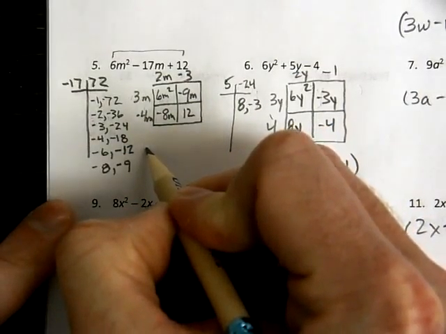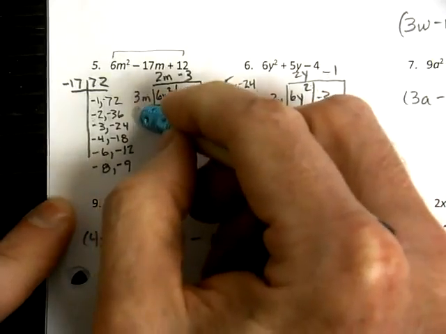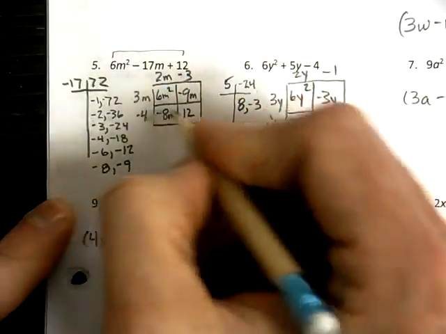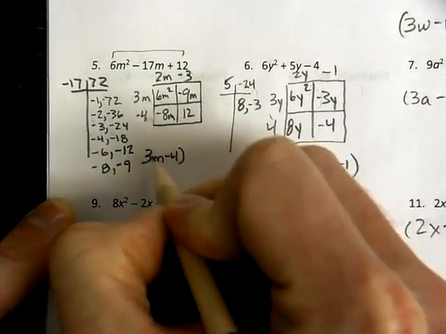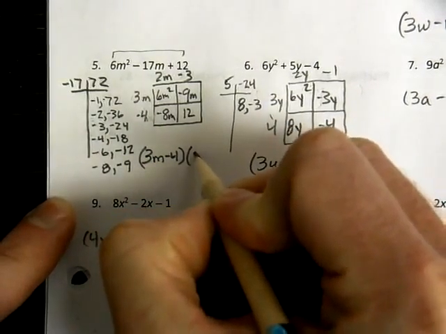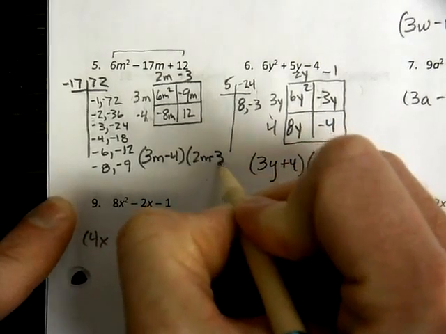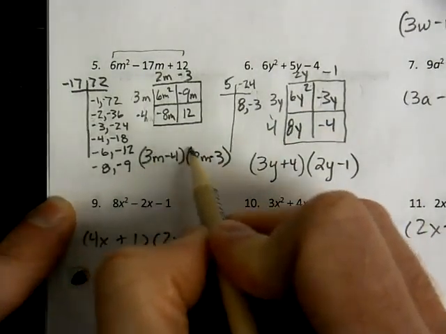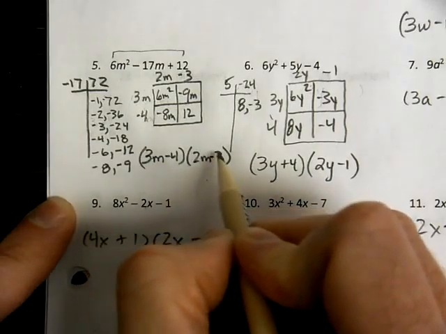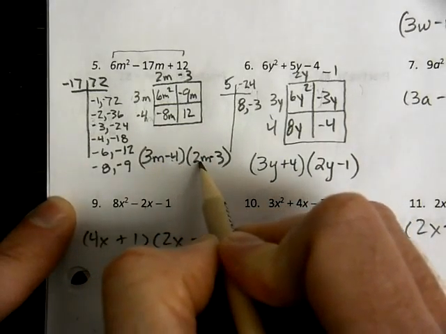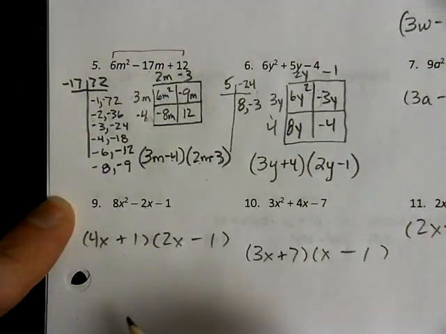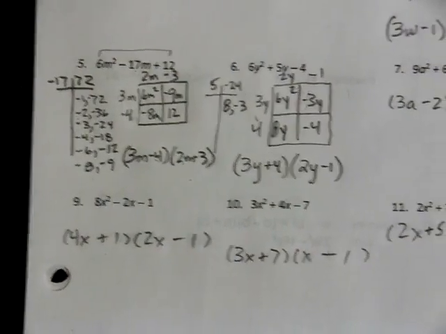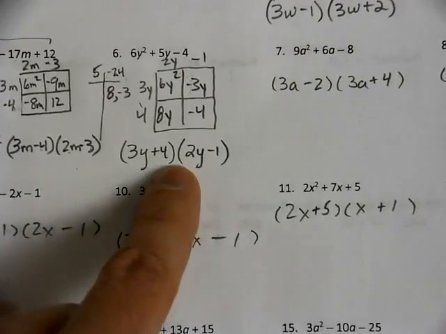So our answer, again, this would be a negative 4, not a negative 4m. So your final answer is 3m minus 4, 2m minus 3. And to test that, we get 6m squared, negative 9 and negative 8 make negative 17 and positive 12. That one tricked me for a second.